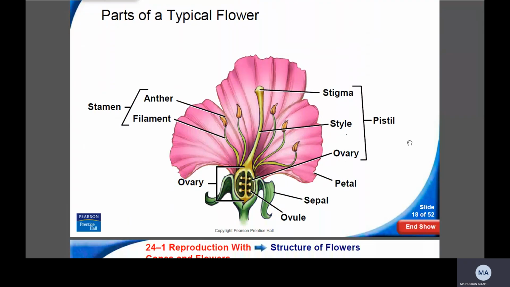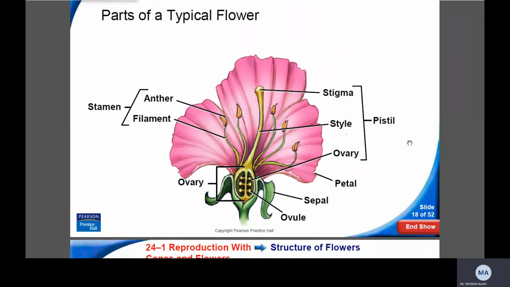So the non-reproductive parts are the sepal and the petal. Both are the colored part, but one is supportive and the other is attractive. Besides these, we have the carpel and the stamen. The carpel is the female part and the stamen is the male part. Then the carpel is divided further and the stamen is divided further. The stamen, the main part, is divided into two parts.